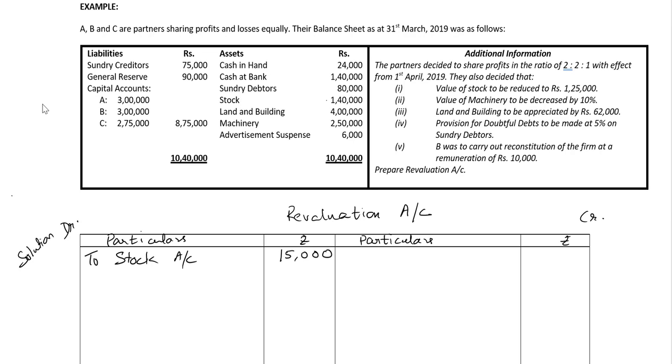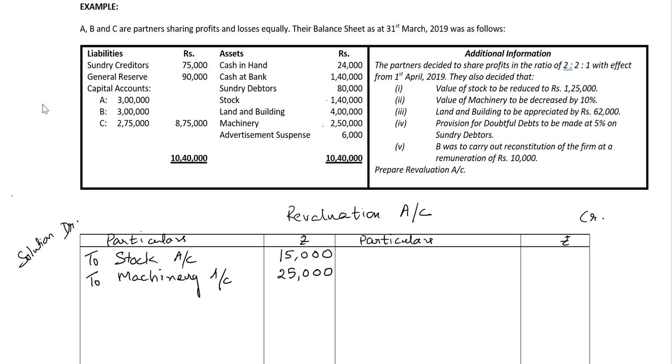Value of machinery to be decreased by 10%, to machinery account. Again, decrease in asset. 10% of the amount of machinery, 2,50,000, comes up to 25,000 rupees.